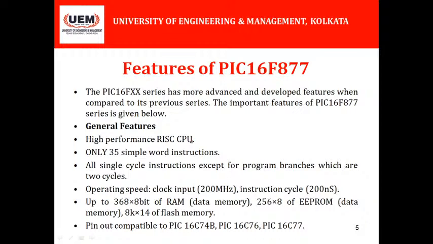We have 8K cross 14 of flash memory. 8K means 8 kilobytes of locations are available, basically 8,000 locations, and each location is capable of storing 14 bits of data. This is the size of the flash memory.